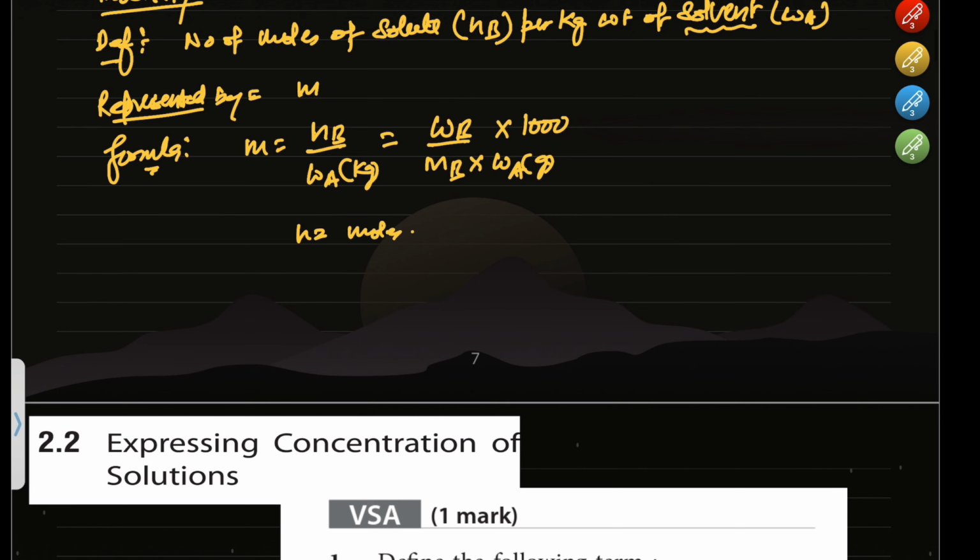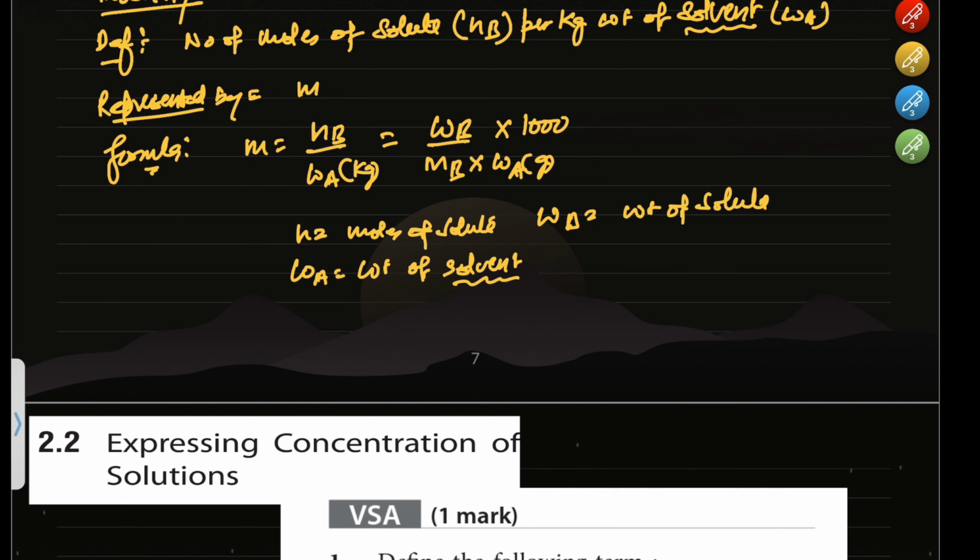Here n is the moles of solute, Wa is the weight of solvent, Wb is the weight of solute, Mb is the molar mass of solute. जब kg में रखेंगे, when we put the weight of the solvent in kg, then no 1000 is to be multiplied.